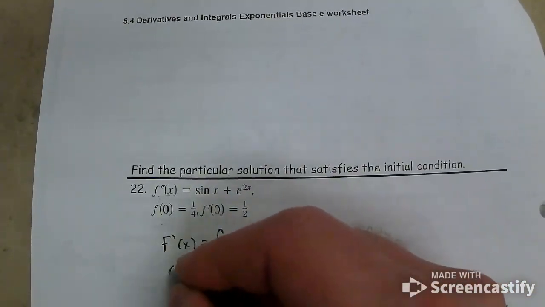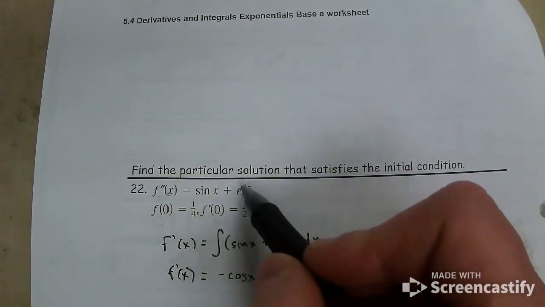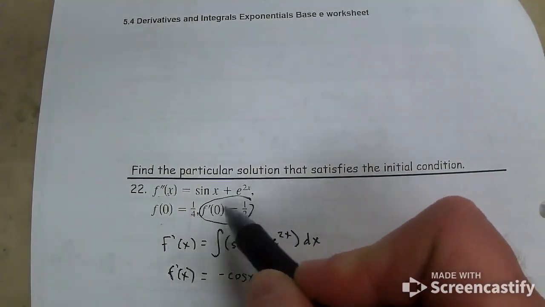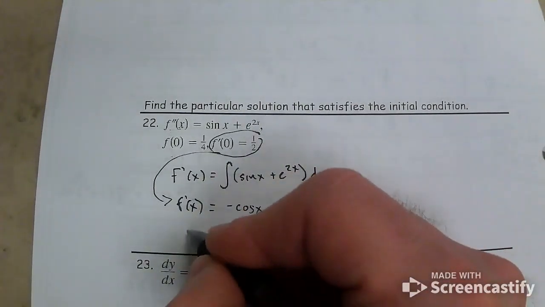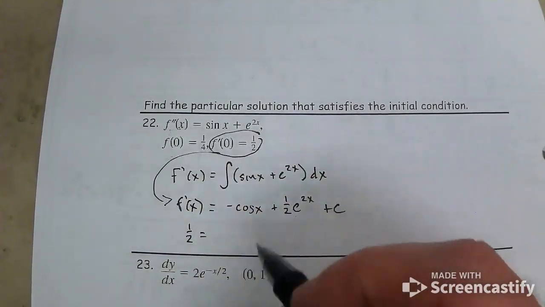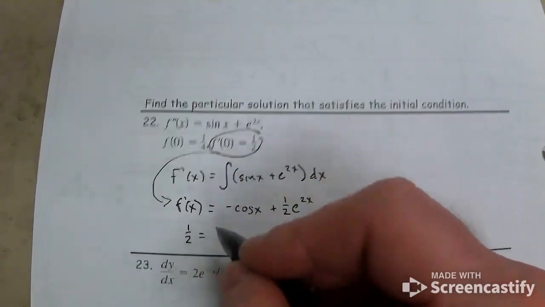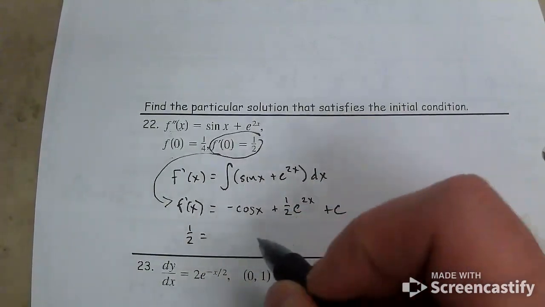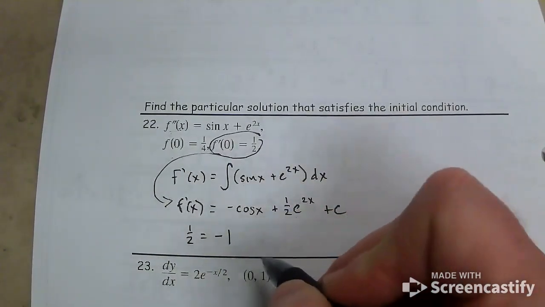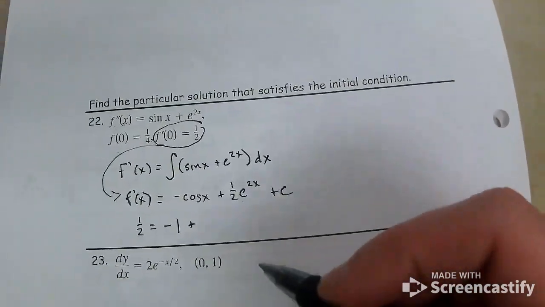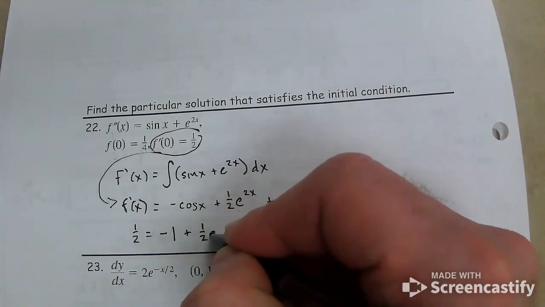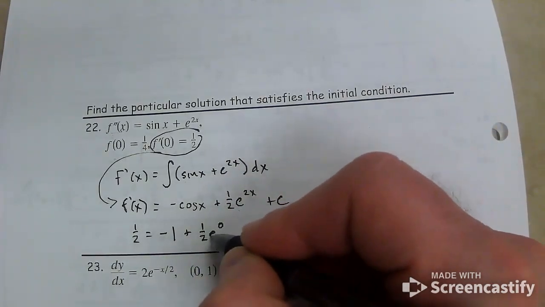And if that's my derivative, and I'm given derivative info right here, then I need to plug that in. So this is going to be 1/2 equals negative cosine of 0. Well, cosine of 0 is 1, so this is going to be negative 1, plus 1/2 e to the 0, which is actually just 1.